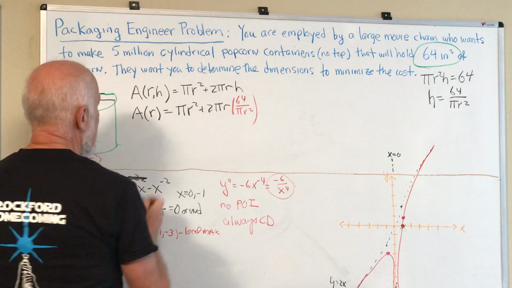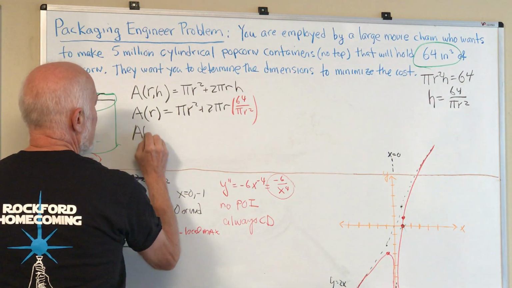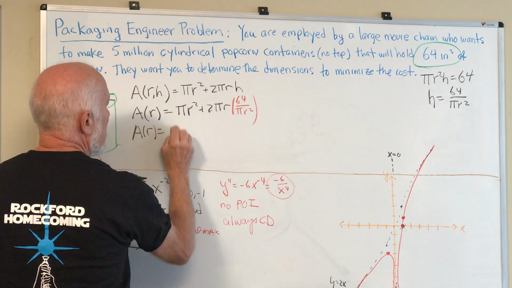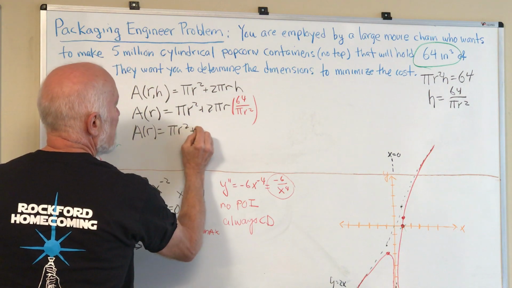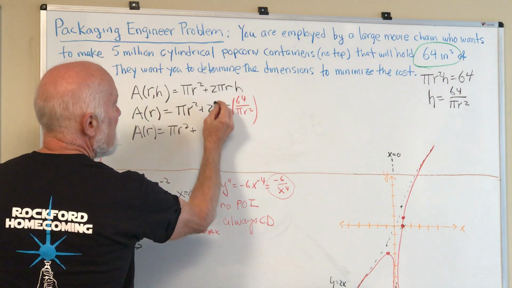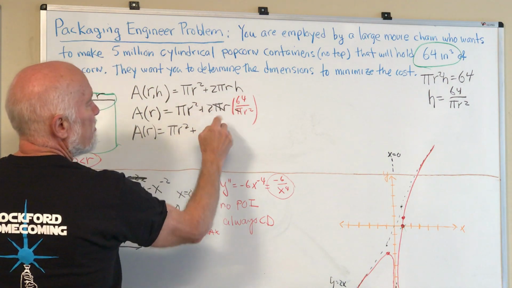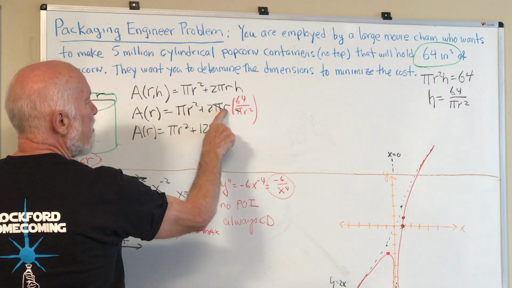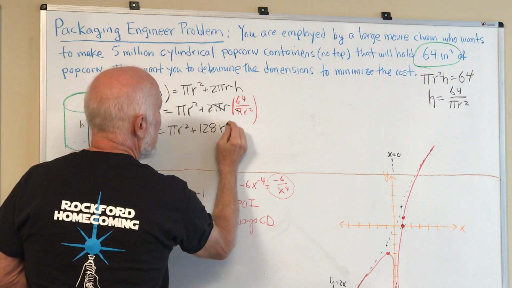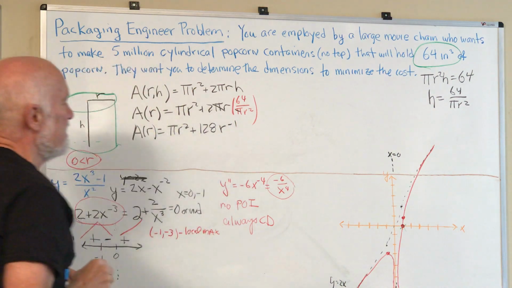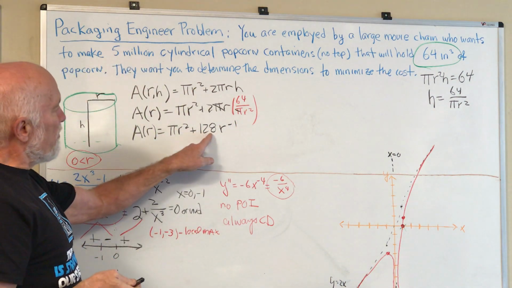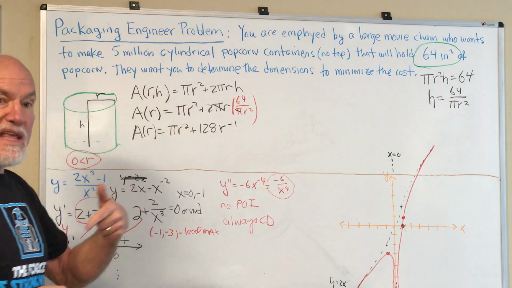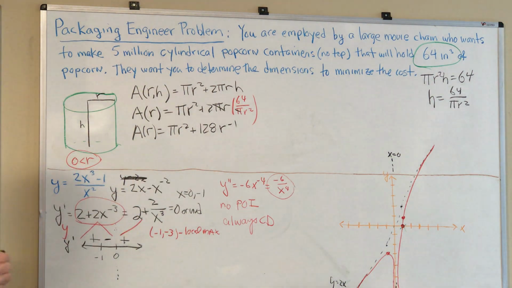So if I rewrite this function, pi r squared plus, the pi's cancel, so you get 128, and then r divided by r squared is r to the negative first power. So it's a fairly simple rational function, but 128 over r is a rational function.